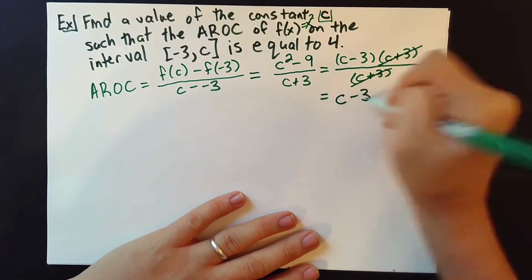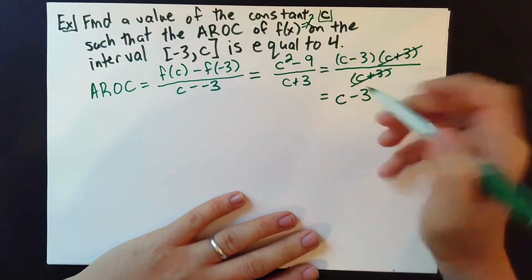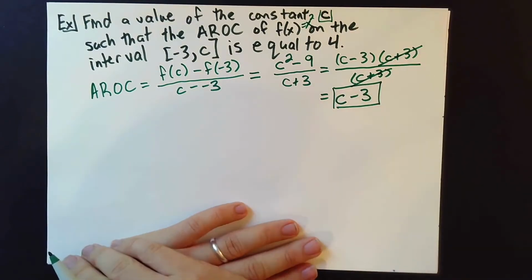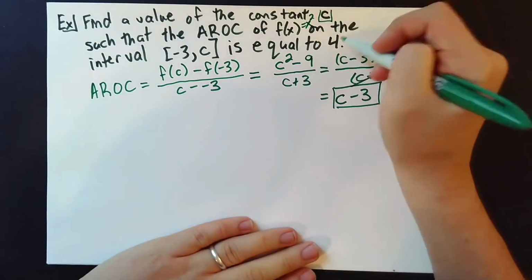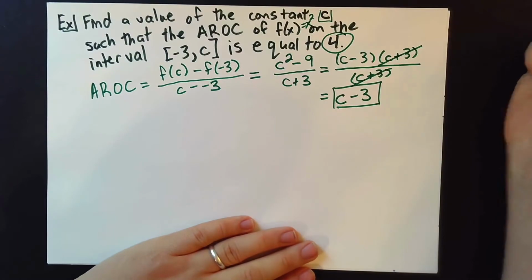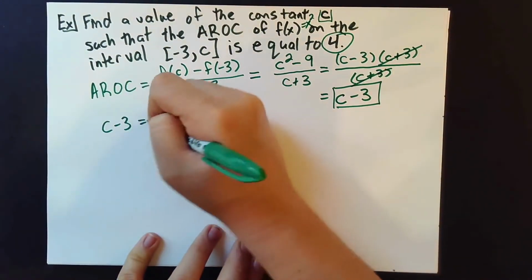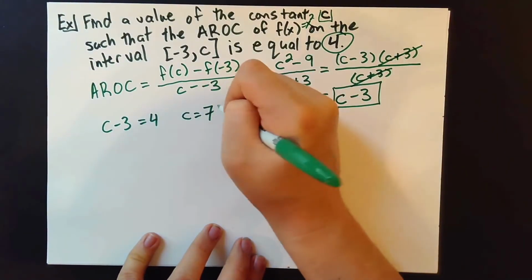And so the average rate of change of this function on this interval is c minus 3. And what was I asked? I was asked what c will make this average rate of change 4. So to answer that question, I will take c minus 3 and set it equal to 4, and so I will find c equals 7.